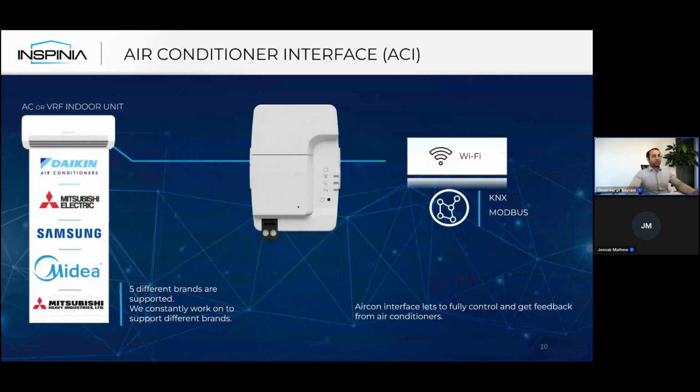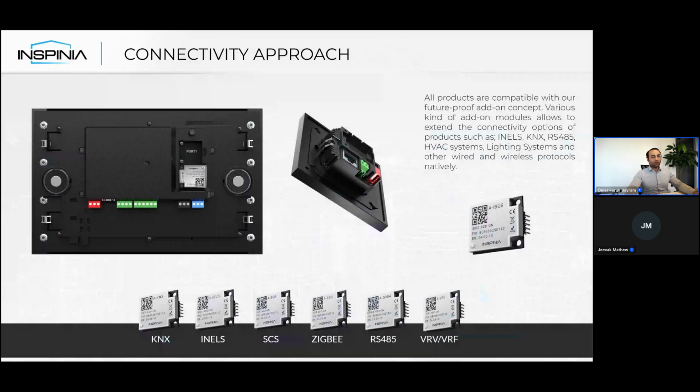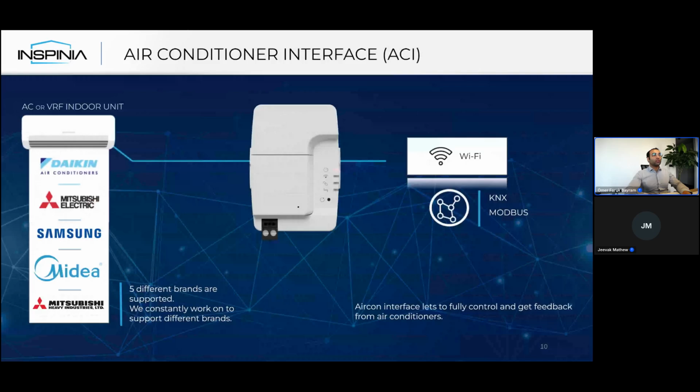This is the air conditioner interface. By the way, I didn't mention VRF add-on modules. VRF add-on modules are for a completely outdoor unit solution. And mostly we are controlling outdoor units over the central communication line. So we needed to tell that point because this air conditioning interface is completely for an indoor unit solution.